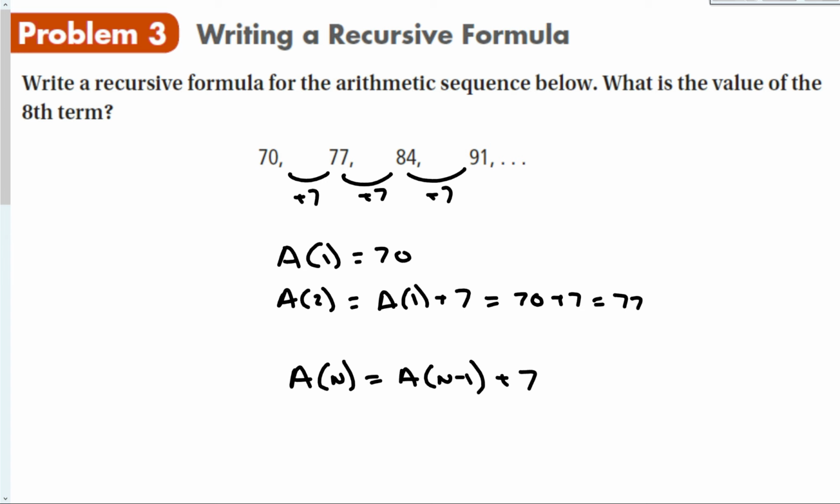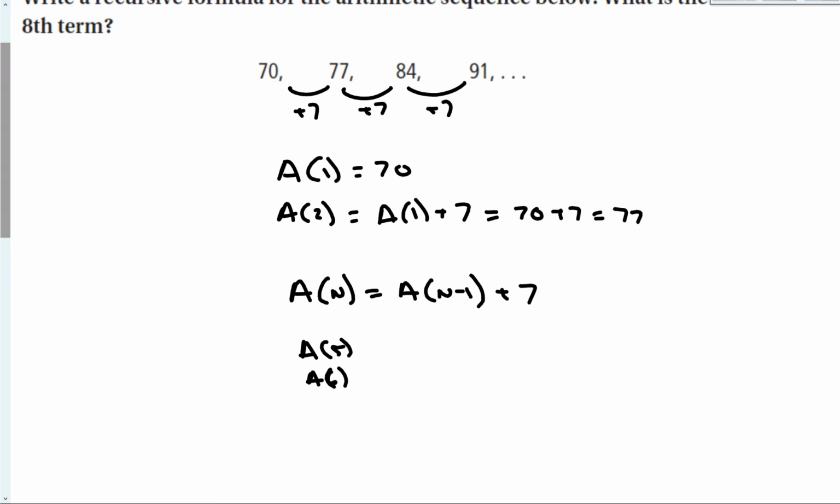Now to find the 8th value, I'm going to need to find a of 5, a of 6, a of 7, and a of 8, because I have 1, 2, 3, 4 right there.